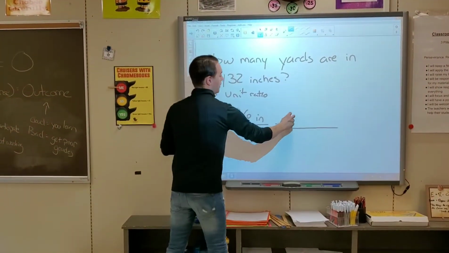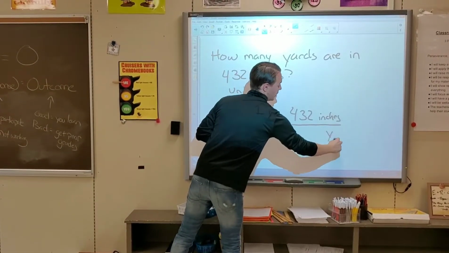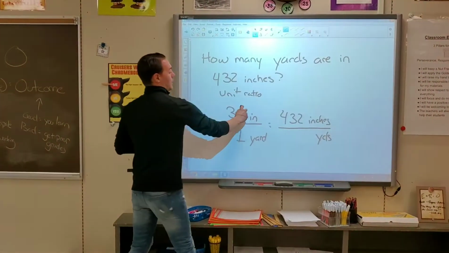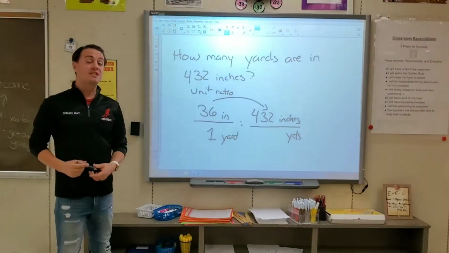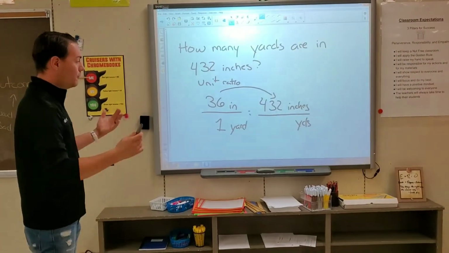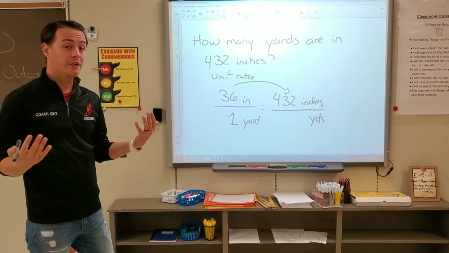So now I'm going to put my 432 inches on top and my unknown yards on the bottom. So now I'm saying, how can I go from 36 to 432? Well, that's one we don't necessarily have on our multiplication tables.